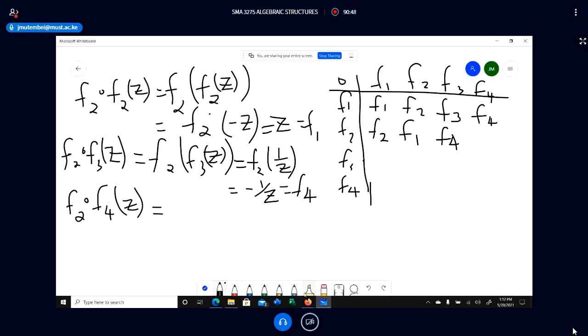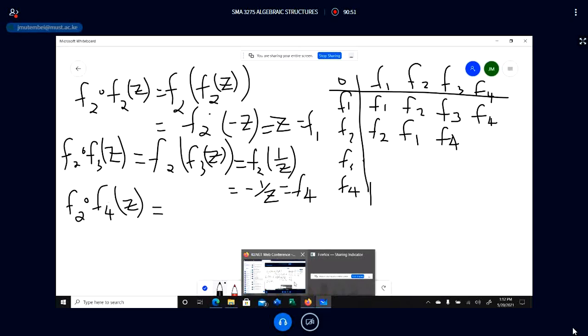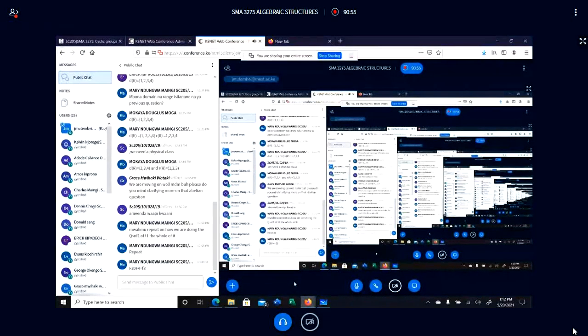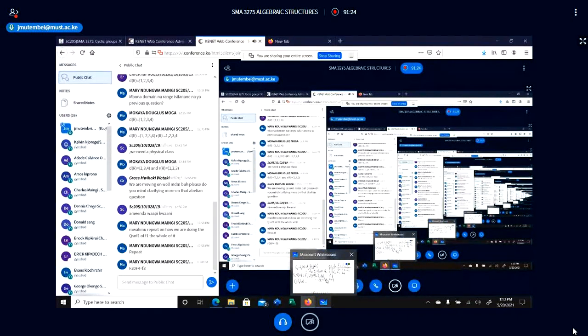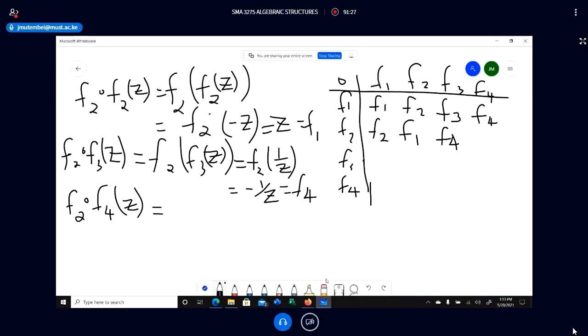So are we done with the table? The question we were trying to answer is to show that the set G composed of F1, F2, F3, and F4 is an abelian group, and the transformations defined on that set are F1, F2, F3, F4 as given.